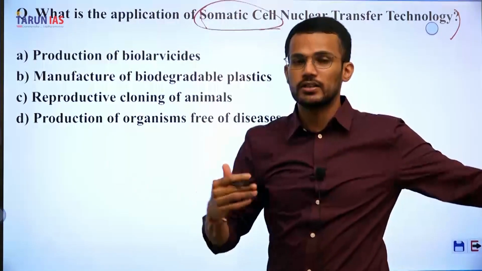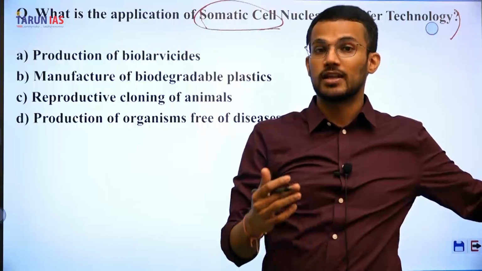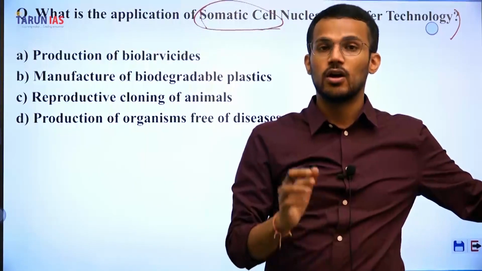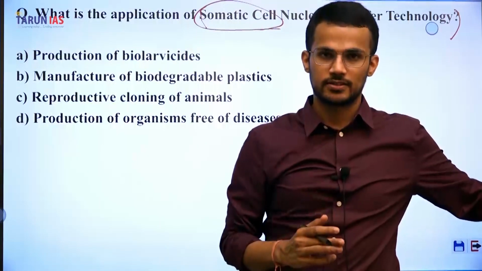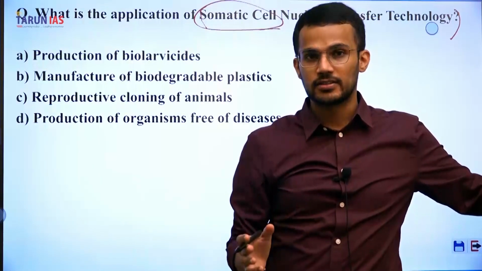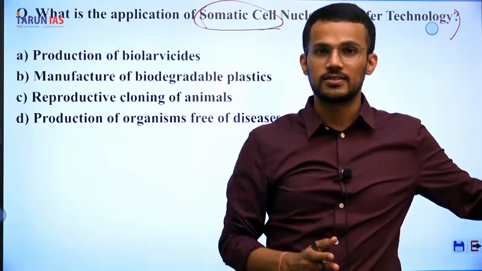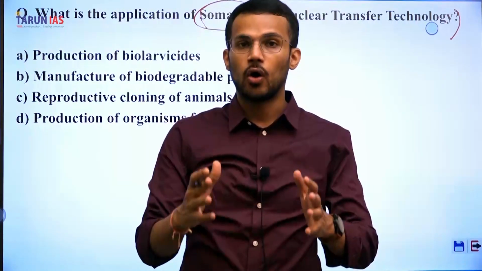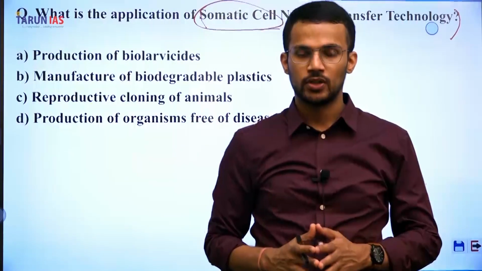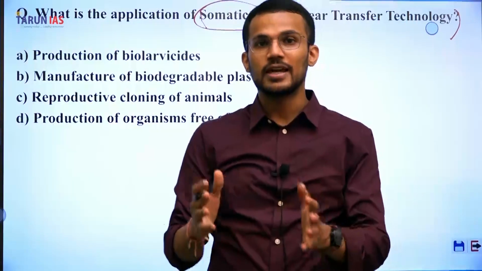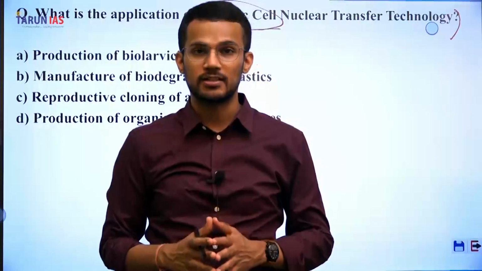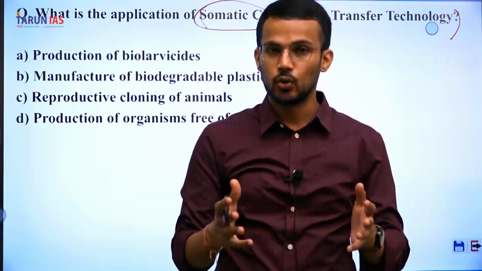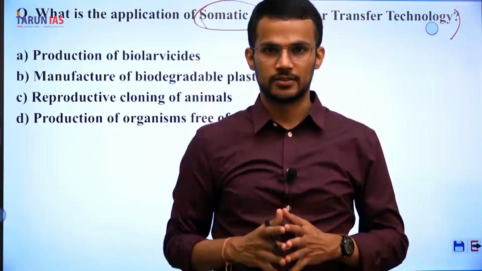So before we discuss the somatic cell nuclear transfer technology, firstly let us understand what somatic cells are. Somatic cells are those cells which are not associated with egg or sperm cells. If we exclude egg and sperm cells, whatever cells are left are known as somatic cells.